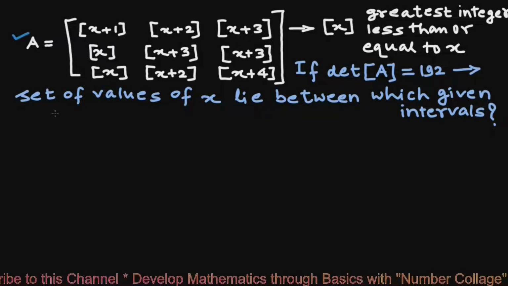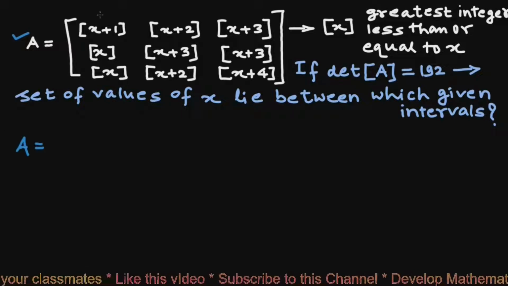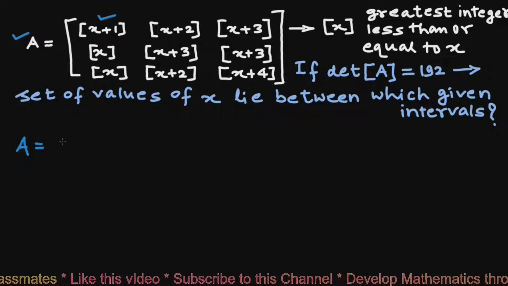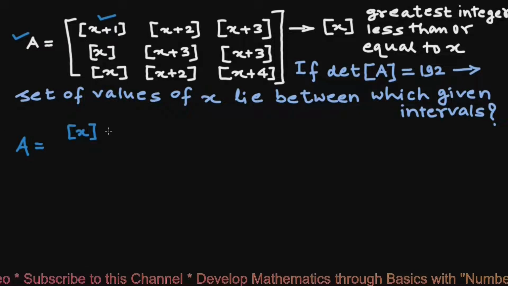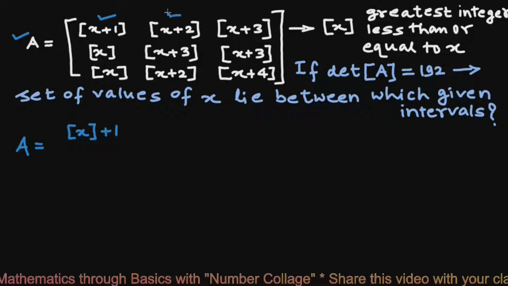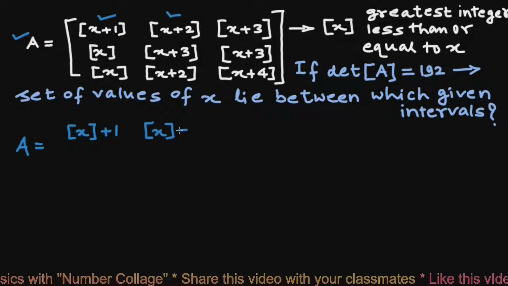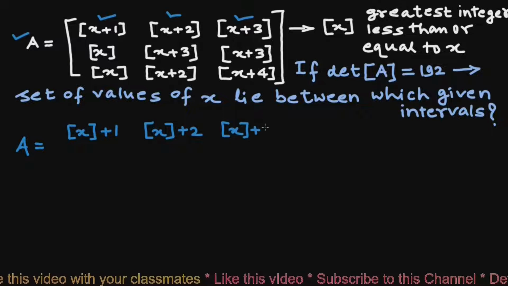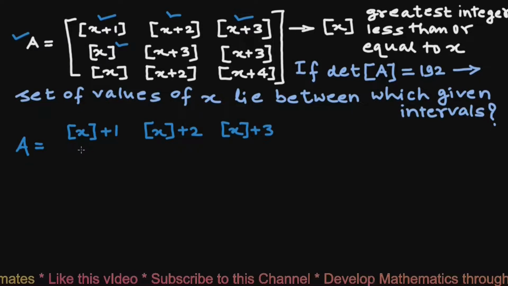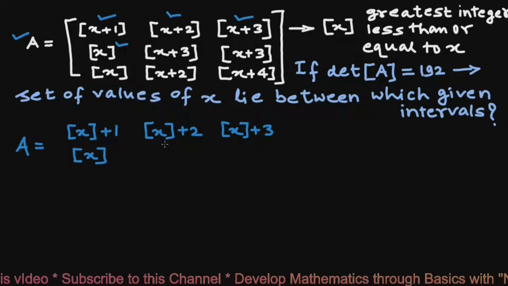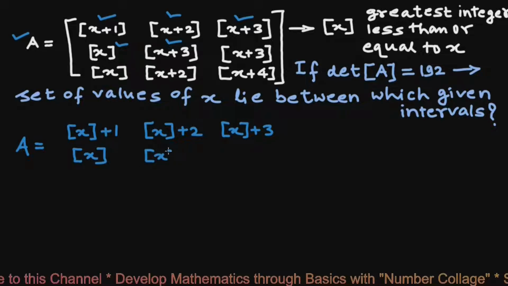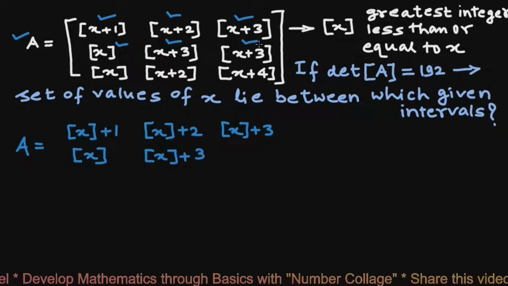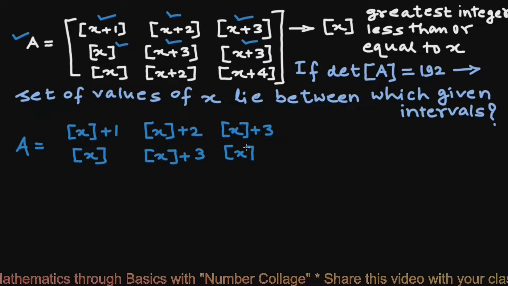We write the given matrix A as, for the first element we write greatest integer x plus 1, for this greatest integer x plus 2, for this greatest integer x plus 3. This will remain as it is, greatest integer function x. This will be greatest integer x plus 3. This greatest integer x plus 3.